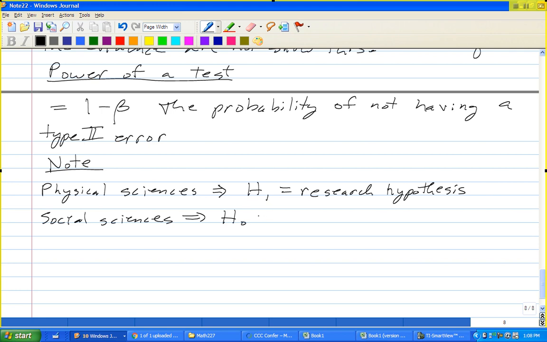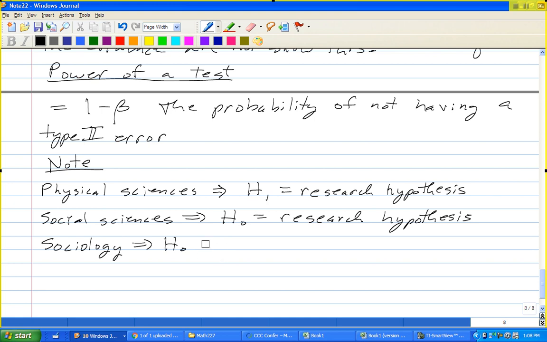the null hypothesis is what you're researching. So your null hypothesis is whatever your research hypothesis is. In sociology, your null hypothesis is whatever the data tells you is true.